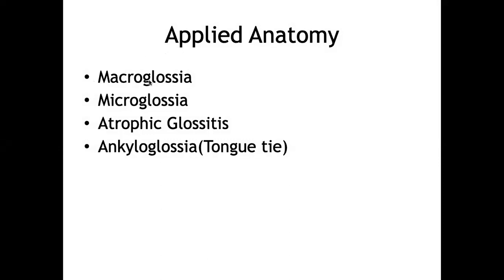These are all developmental anomalies which we will discuss in development as well. Microglossia is a short tongue, shorter compared to the normal size of the tongue. We will have speech deformities here. Atrophic glossitis: sometimes inflammation of the tongue is present and it is atrophic in feature. That's why it is called atrophic glossitis.